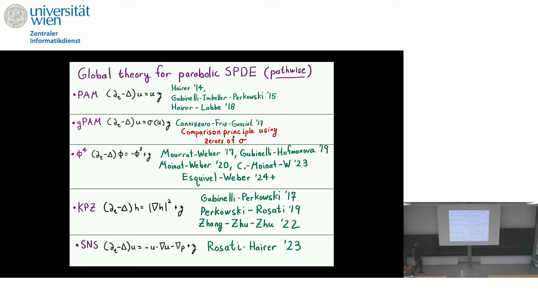I'll just say that PAM was originally treated in Martin's original paper on regularity structures. And then Martin and Cyril also worked on PAM on the whole space. But as a linear equation, the global in time problem, at least in finite volume, is fairly easy, so there's less of a challenge there once the local theory is done.